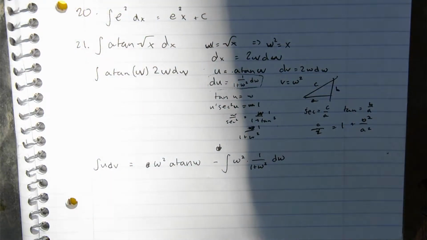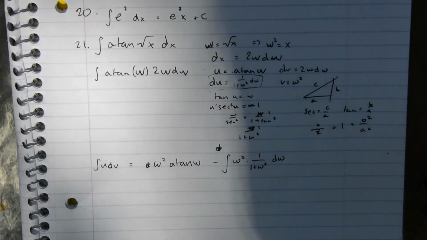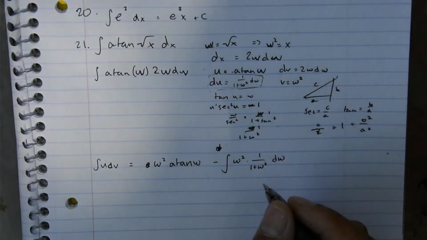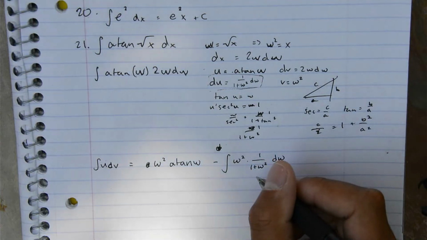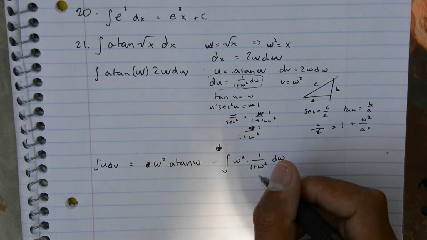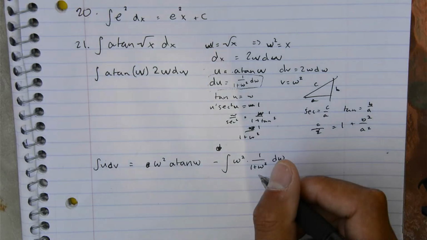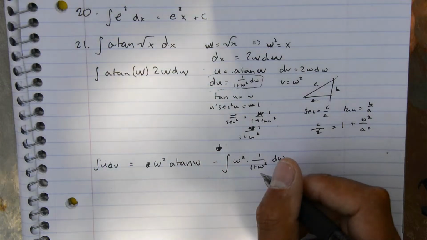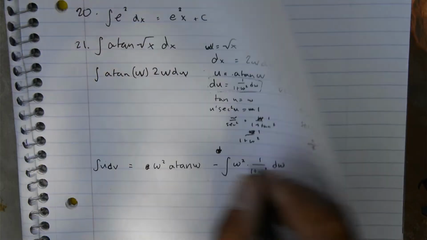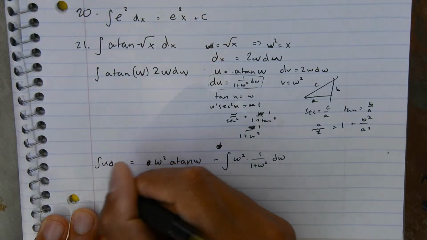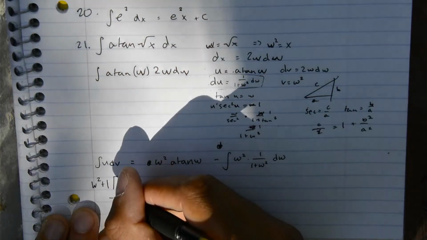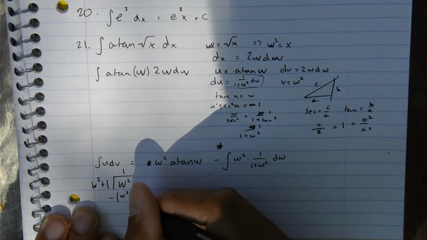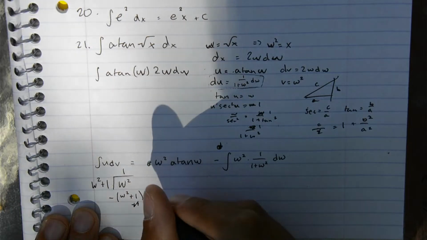I think we might be able to make this work, actually. We could do like, so then we have a minus 1.